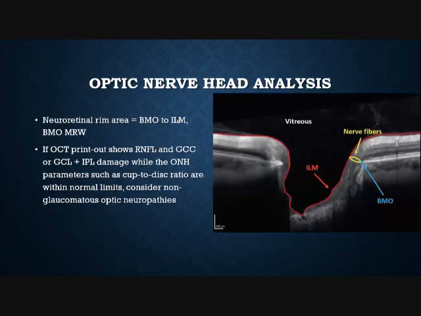Okay, so coming to the optic nerve head analysis, I will not go into details, but here is the point. This is called BMO or Bruch's membrane opening, and from this point to the internal limiting membrane is the nerve fiber layer, or what we call the neuroretinal rim. So we want to assess its integrity.